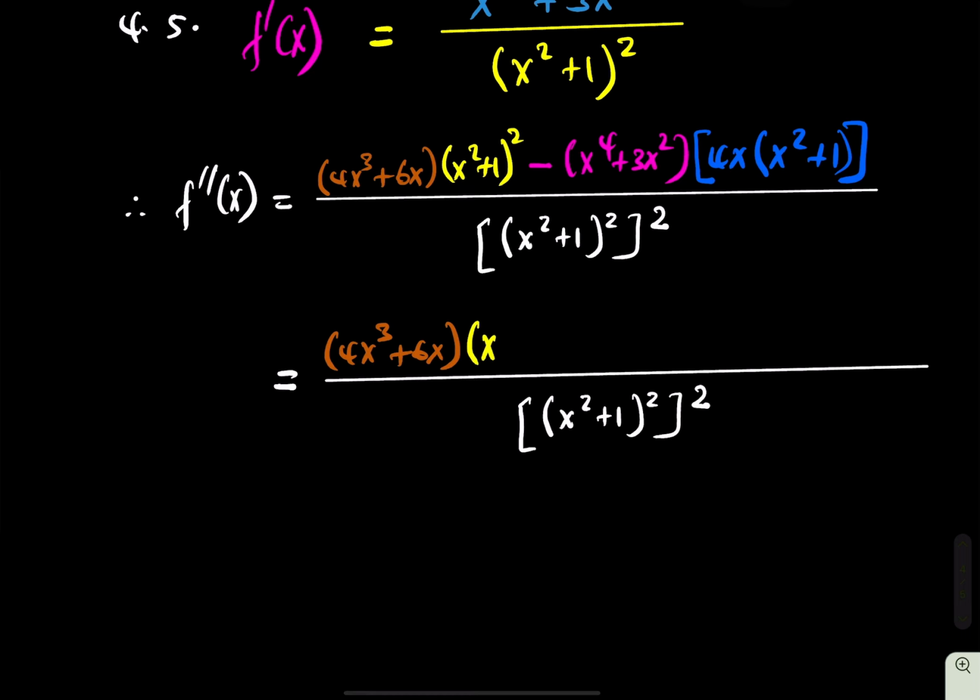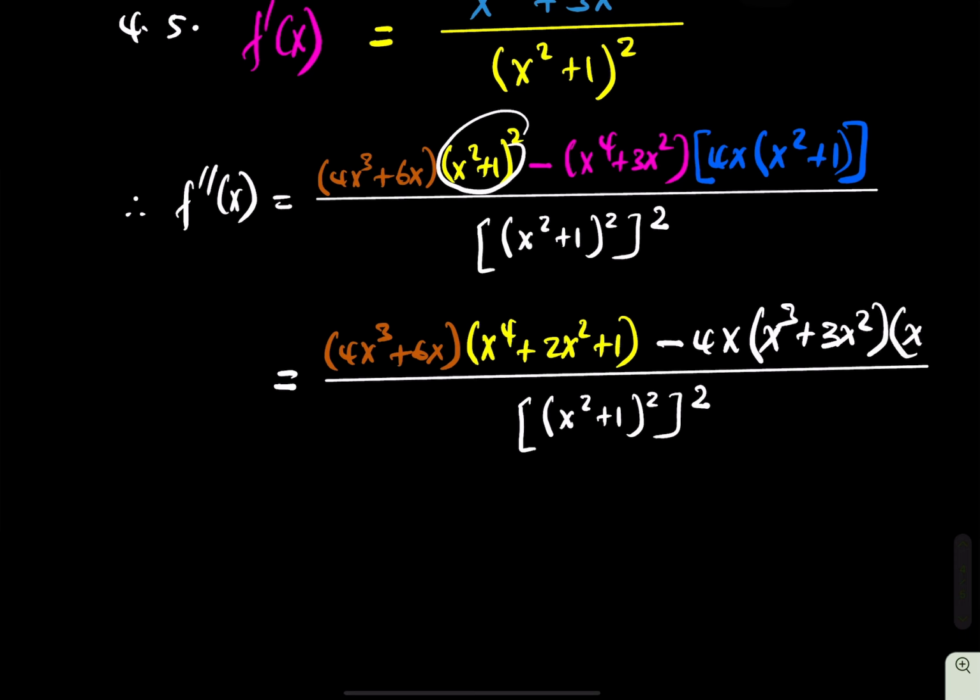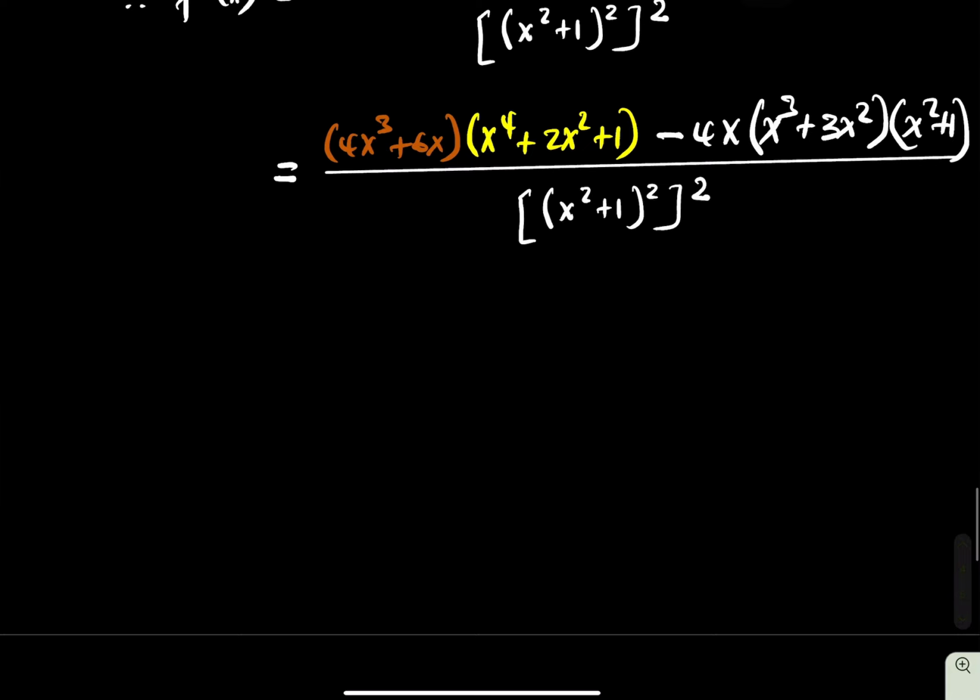So that is going to be x to the power 4 plus 2x squared, and then plus 1 there, minus, if you try to expand that, you must arrive there, and then minus 4x into x to the power 3 plus 3x squared into x squared plus 1, just like this. This is what you're going to get. So you need to clean up the numerator.